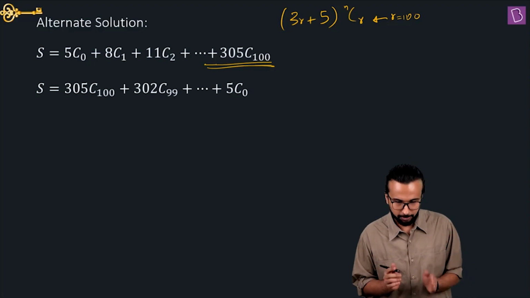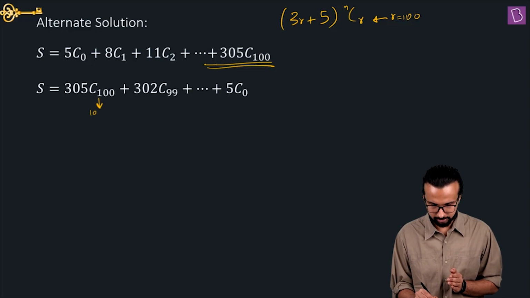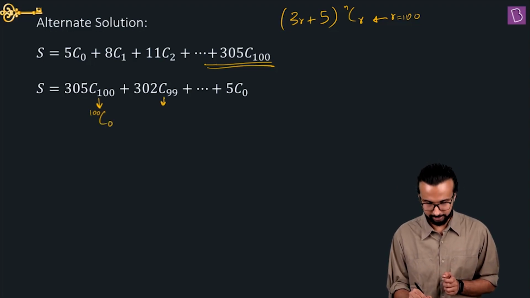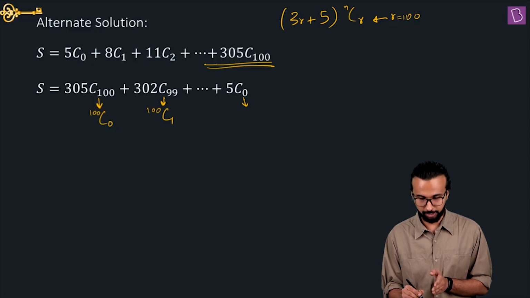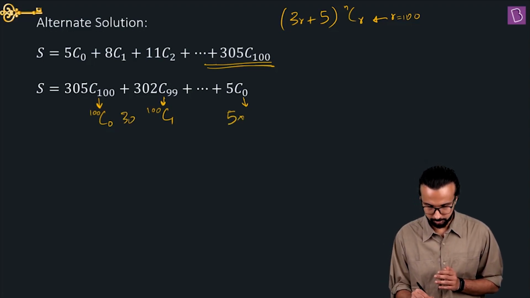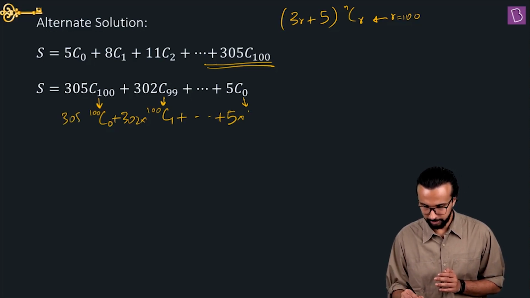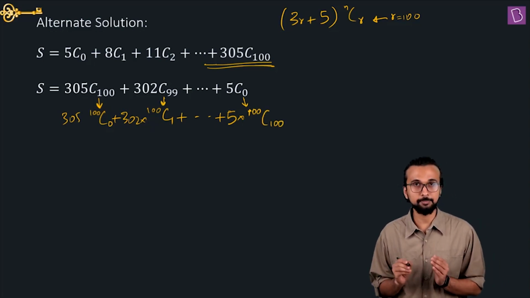Now, you know that 100C0 can be written as 100C100. 100C99 can be written as 100C1. 5 into C0 can be written as 5 into 100C100. So what does this become?